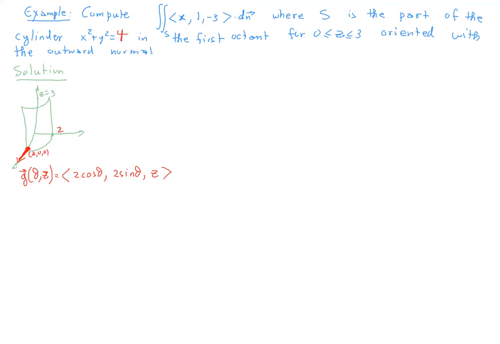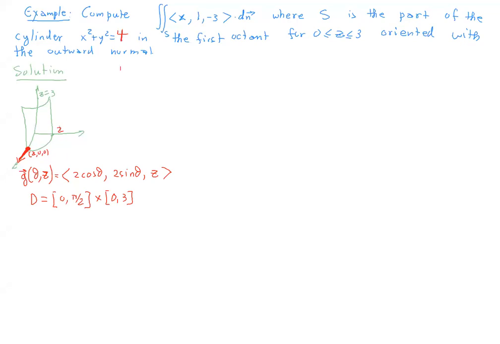Well, you need to further specify theta and z so that you get the exact piece of the surface that is here, but that's quite simple. So my domain is going to be simply from 0 to pi over 2, because I'm in the first octant, and that translates to the first quadrant for theta, and 0 through 3 for z. Okay, and that's my parameterization.